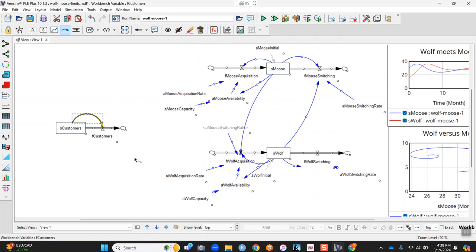So, in a sense, what we want to do is relate moose, we could also relate wolf, but that might be too complicated, back to the gross customer base, the available market itself. And then a piece of it becomes available to the Moose Co. and the rest to Wolf Co. So that's our strategy. That's what we're going to try. Let's see how we can do that.